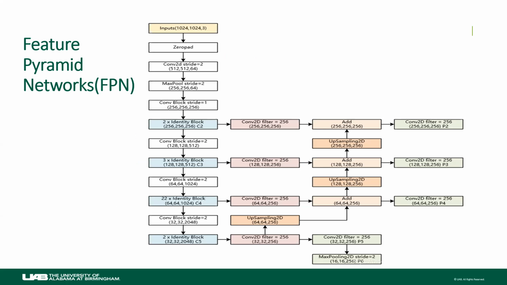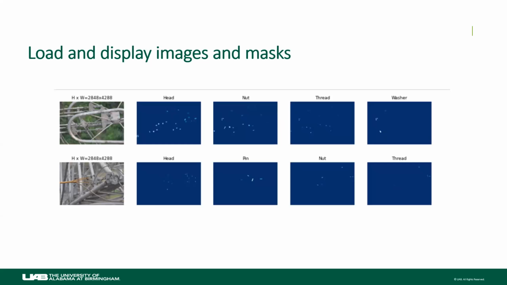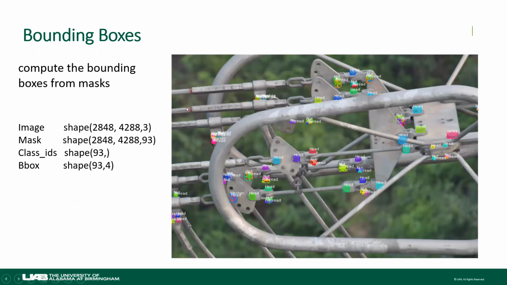Next, I will introduce some steps of my process. This shows the original image and some masks. We have 5 classes: hand, nut, thread, washer, and pin. Next, we will compute the bounding boxes from the mask.